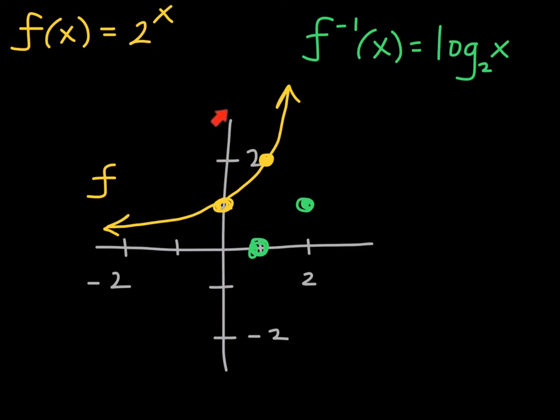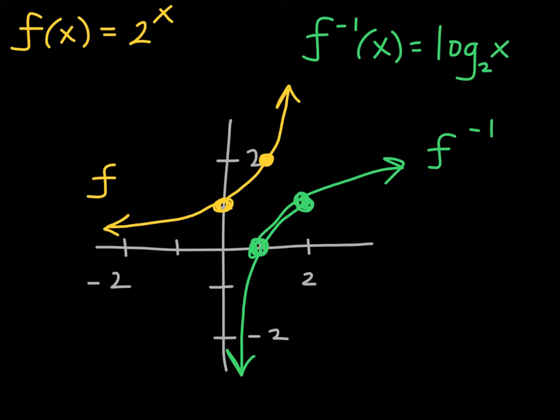So for a logarithmic function, the y-axis is a vertical asymptote. So I'll get infinitely close to the y-axis as a vertical asymptote, but I'm not allowed to cross it. So these are the graphs of f and f inverse. This is the graph of an exponential curve. This is the graph of a logarithmic curve.